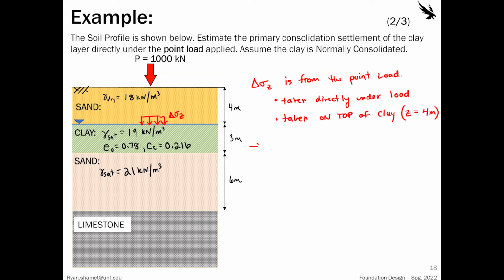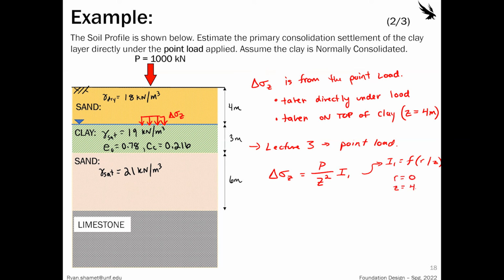So from this, you would reference lecture 3, I think, and then find the point load equation. You'll see that delta sigma Z for a point load is equal to that point load divided by Z squared times an influence factor I. And this influence factor I is a function of the radius and the depth. So the radius in this case, since it's directly under our point, is 0. And then Z is 4 meters.